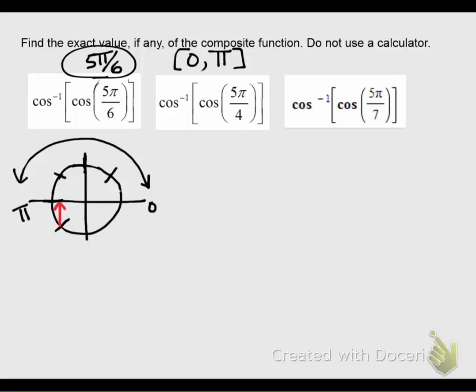So you need another angle that could give you that same x distance. So can you see how many to travel? 1, 2, 3. Yep. Make sense? Okay, let's see. 5 pi over 7.